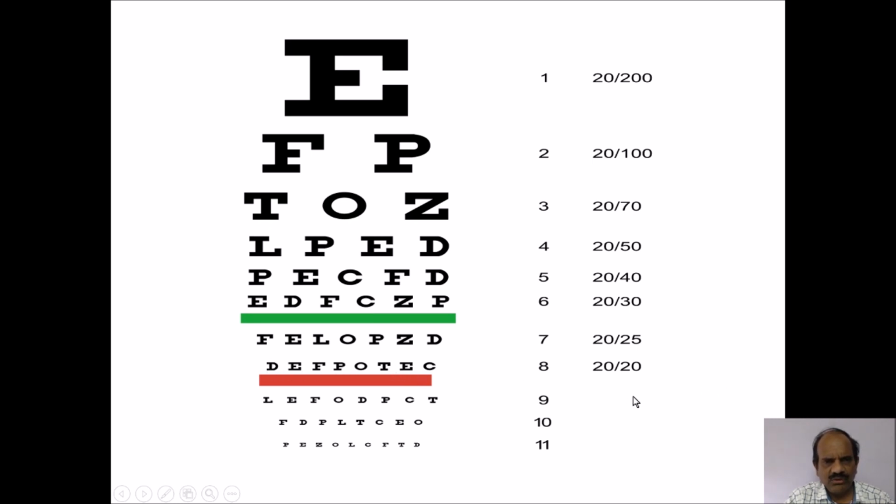If he is able to read the letters at 20 feet, visual acuity is 6 by 6, and this person has normal vision. Similarly, this chart is used to test visual acuity for far-placed objects.